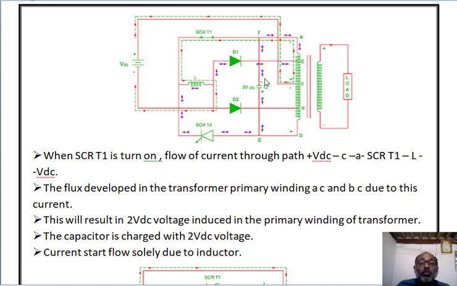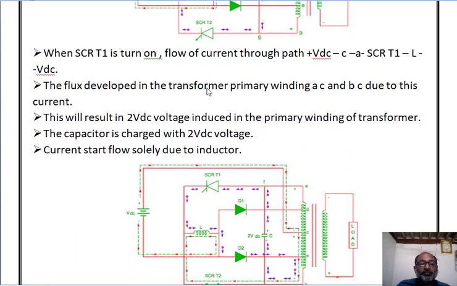That means the total voltage across this primary winding is 2 VDC. So now the capacitor is charged with 2 VDC voltage, and the current starts to flow slowly through the inductor, because the inductor opposes the increment of the current.